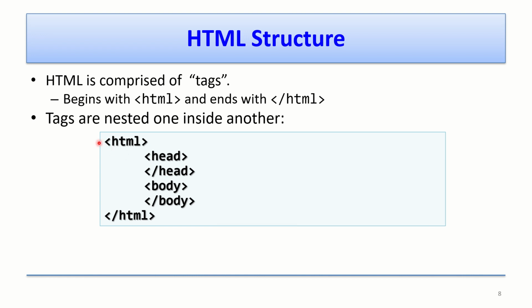So this is one starting tag, and this is the closing tag related to this opening tag. Once you open another tag in between these two, we have to close that tag before closing the HTML tag. That's what we call nesting. You can understand this concept further later. So this is the basic structure of the web page.